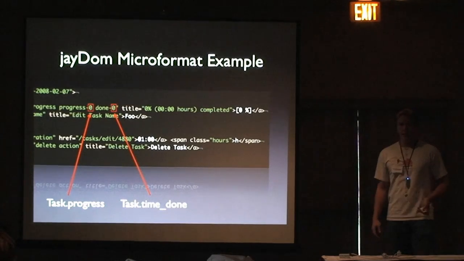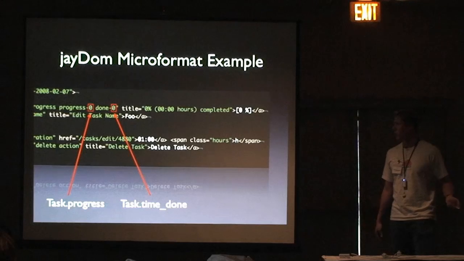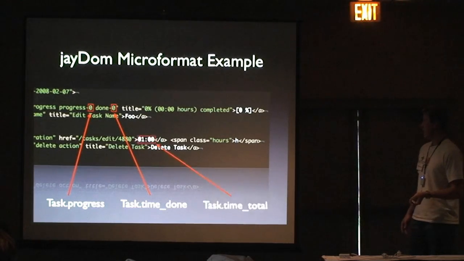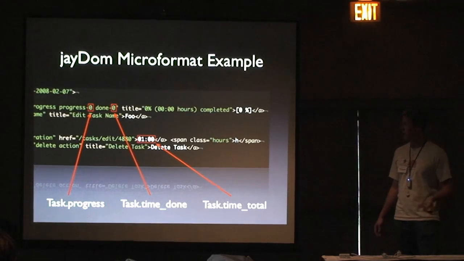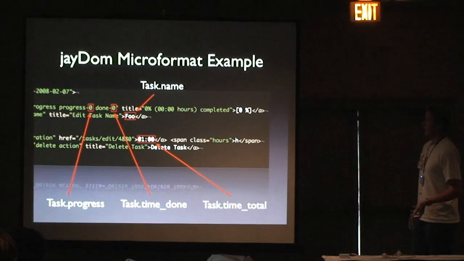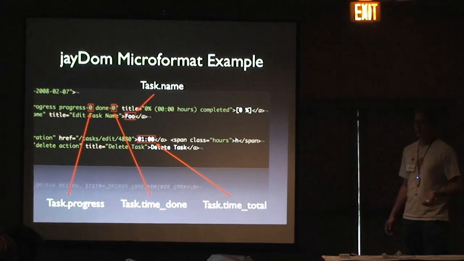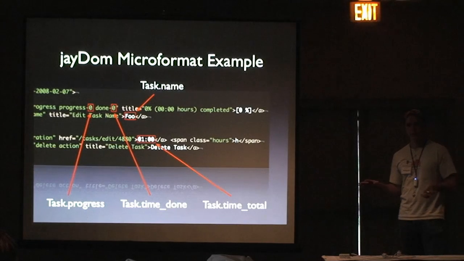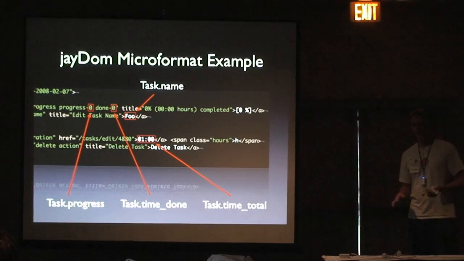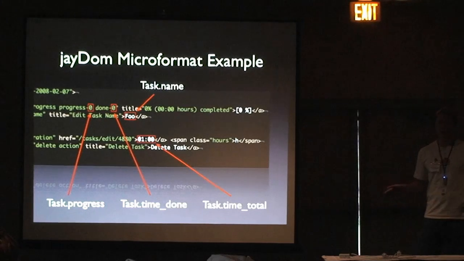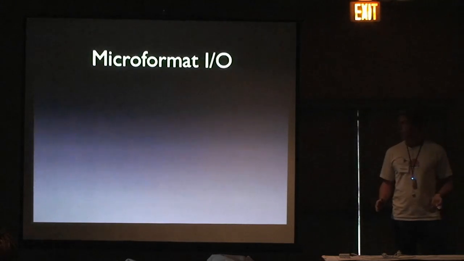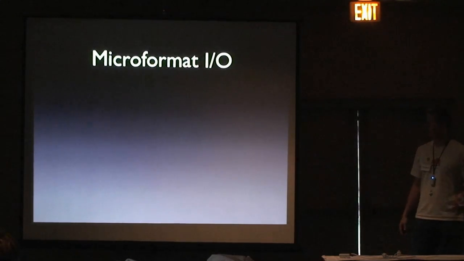There's a time done, which is dependent on progress. There's a time total, which means that's your time estimate for the task. And then there's a task.name, which is the name of your task. And all of this information is encoded in the HTML. That means the advantage to that is you don't need it anywhere else. You can directly read it out of the HTML, which is what I call microformat input-output.